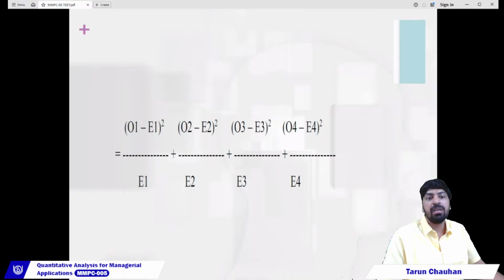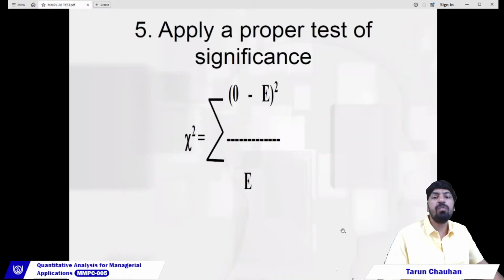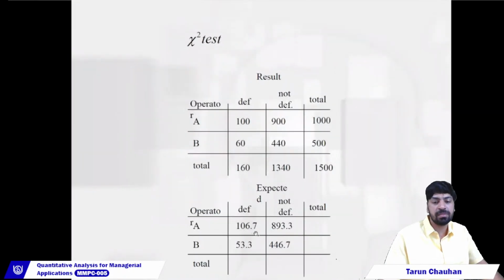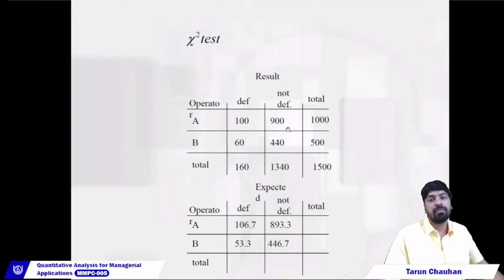O1 minus E1, that is 100 minus 106.7. 60 minus 53.3, that is O2 E2. And again 900 minus 893.3, that means O3 E3. O4 E4. That coding has been given for convenience to estimate the values.